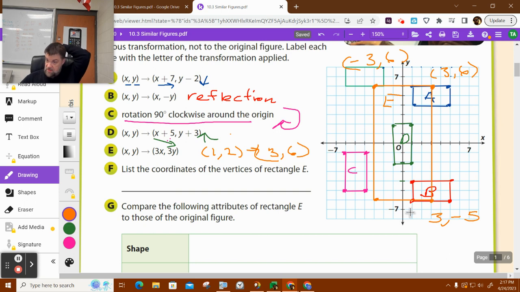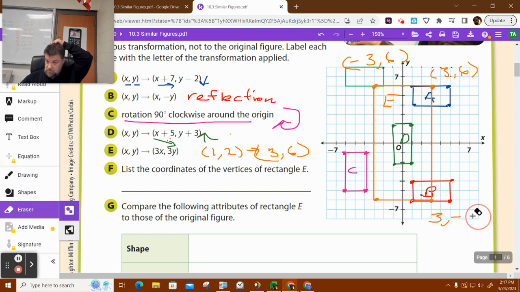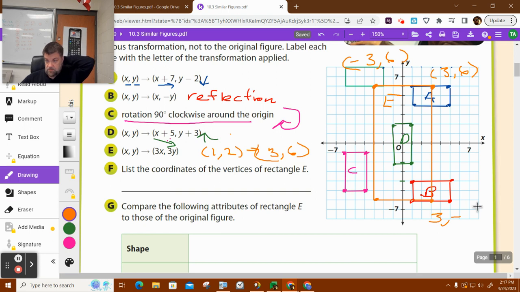Wait, that's negative 6, isn't it? I think so. Yeah, that's negative 6. I don't know where I got 5 from. And down here, this would be negative 3, negative 6. Yep, that's right. Okay.